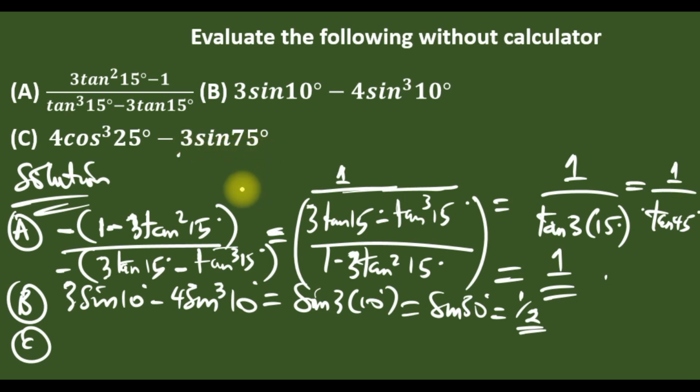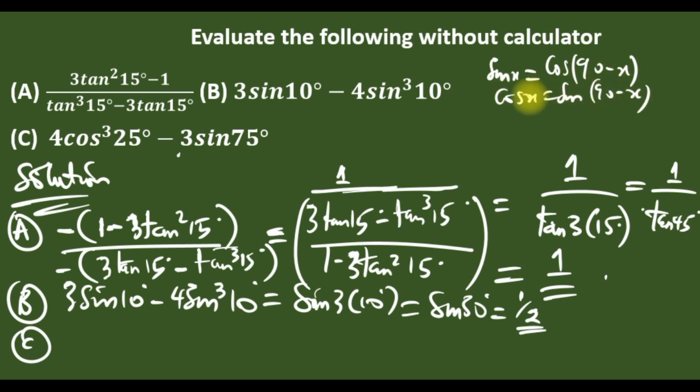But if you remember our cofunction identity, sine x is equal to cos of 90 minus x, or cos x is equal to sine of 90 minus x. So the sum of these two angles must be 90. So we can change this to 4 cos cube 25 minus 3 sine 75.